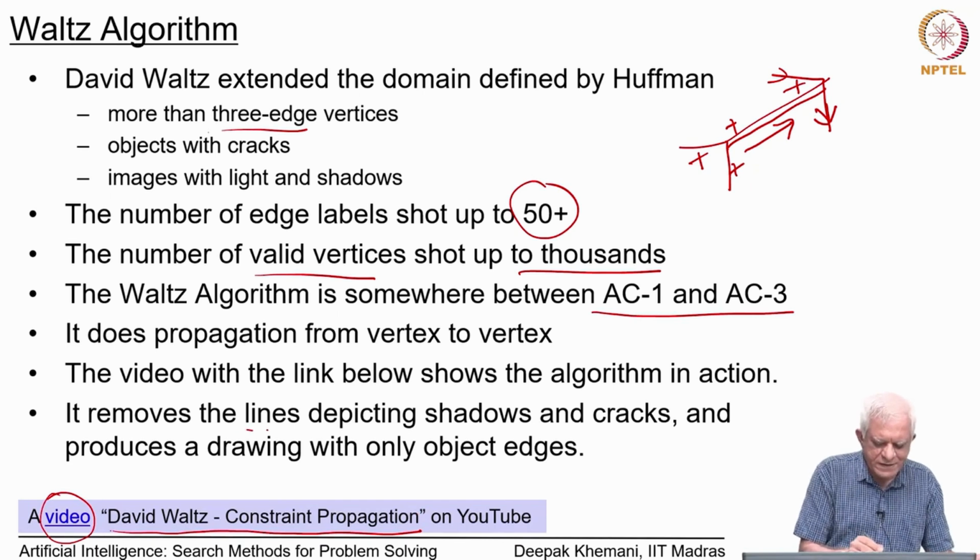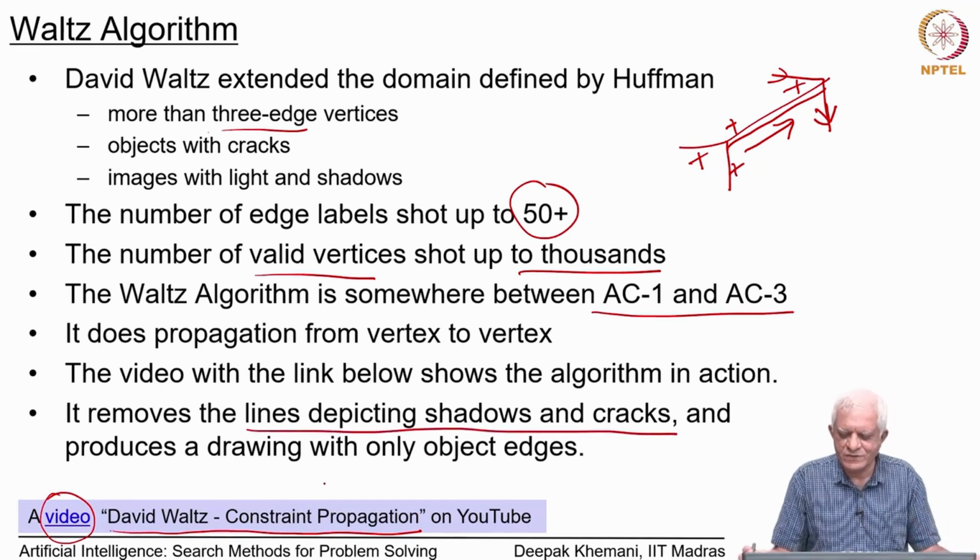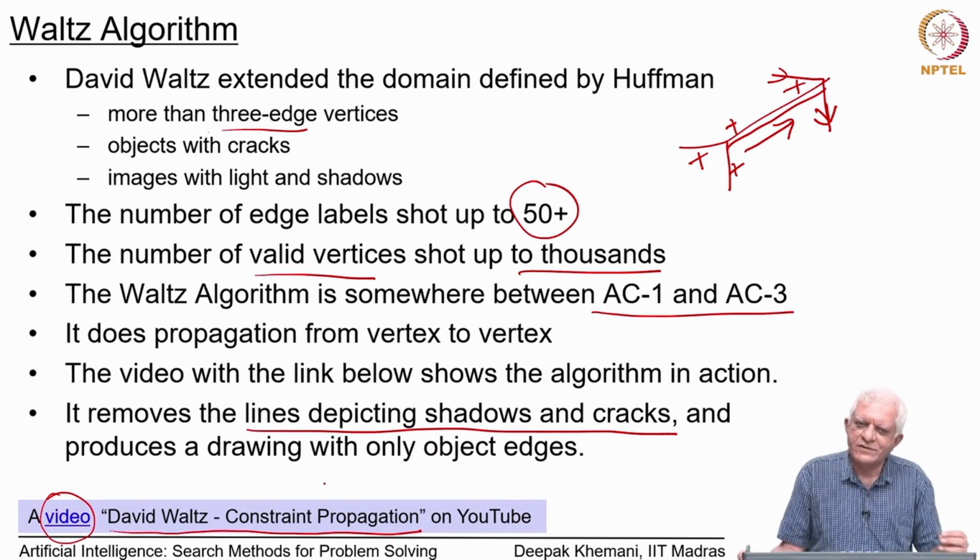It removes the lines depicting shadows and cracks and produces a drawing with only object edges. So, the original task which Huffman had posed, is there some real physical object in the line drawing? He solved, but he solved it not just for trihedral objects, but for objects which were more complex as well.